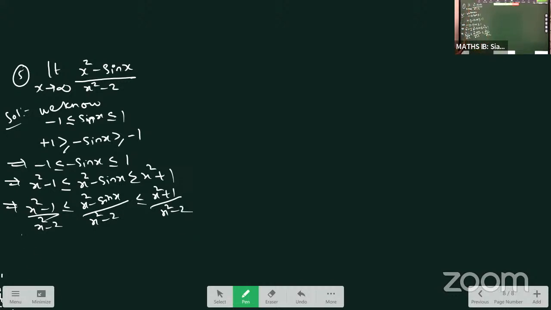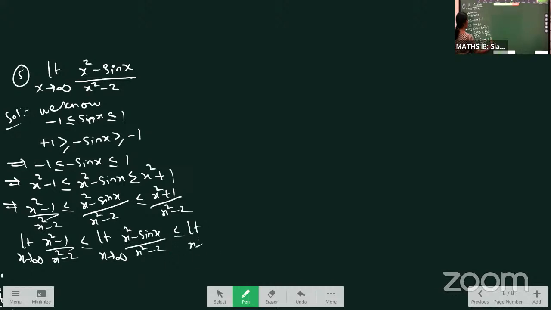Apply limit. Limit x tends to infinity of each term.